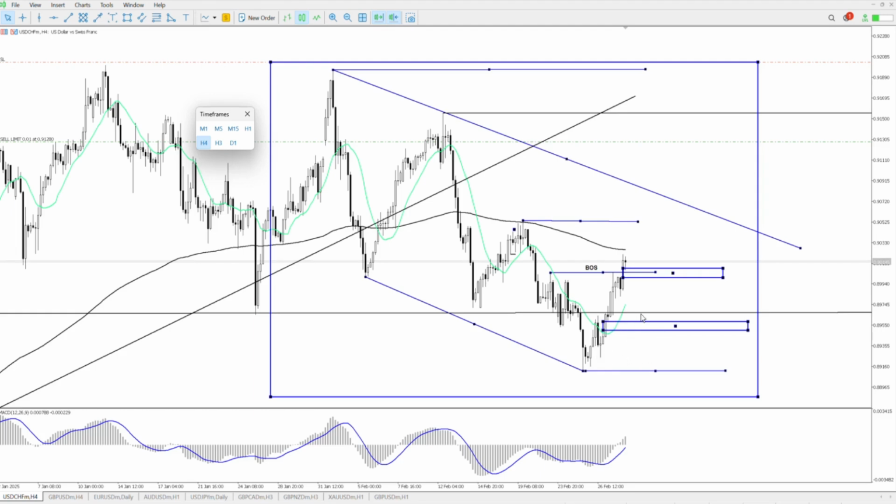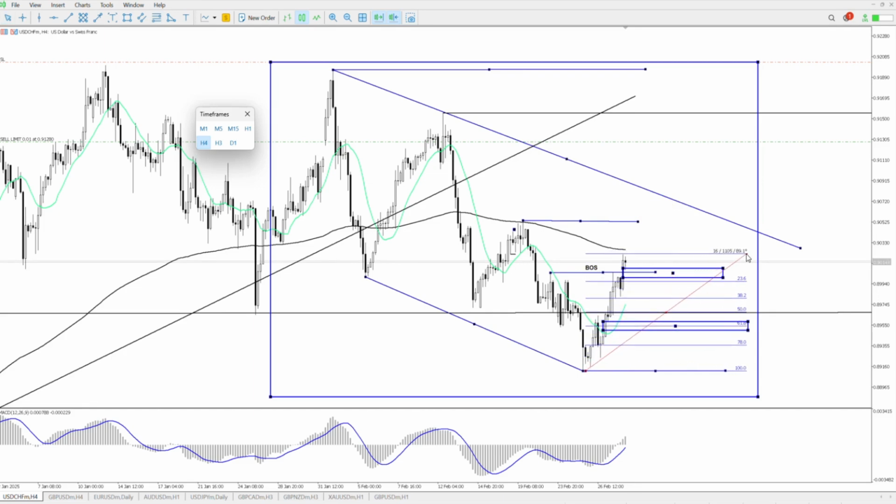So in order to check which of these gaps is going to be our entry point for a buy direction, I will apply what I call the Fibonacci retracement. I like to combine this Fibonacci retracement, drawing from the low that was formed, which is this point, to the high that was formed.